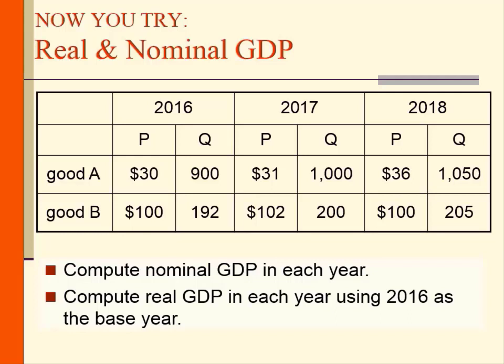For instance, nominal GDP in 2017 would be equal to $31 times 1,000 plus $102 times 200, which would add up to 51,400, while real GDP in 2017 will be equal to, using base year price but 2017 quantity, $30 times 1,000 plus $100 times 200, which will give you $50,000 as real GDP for 2017.